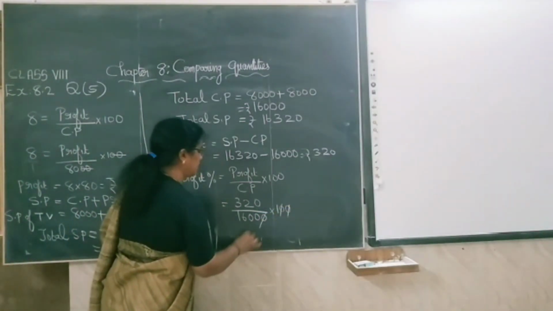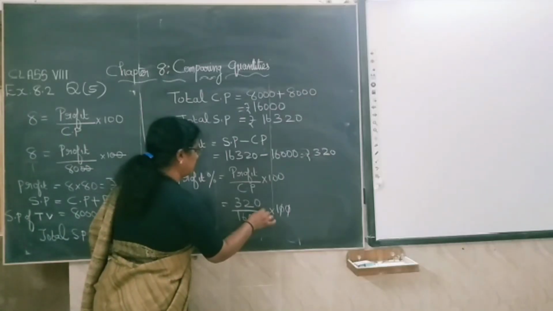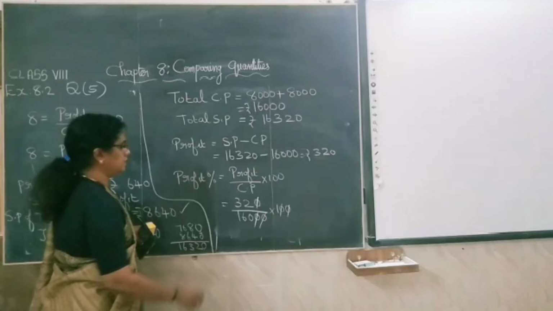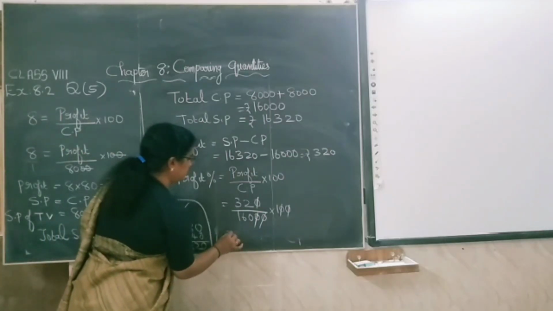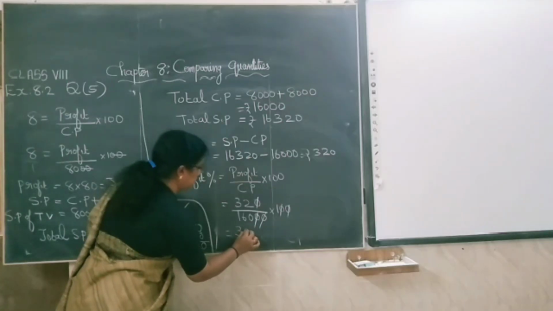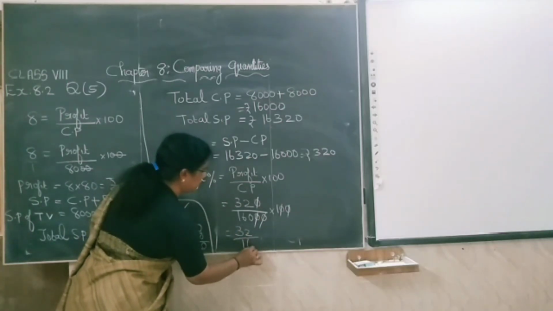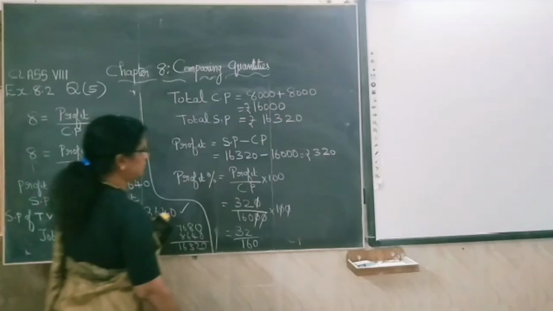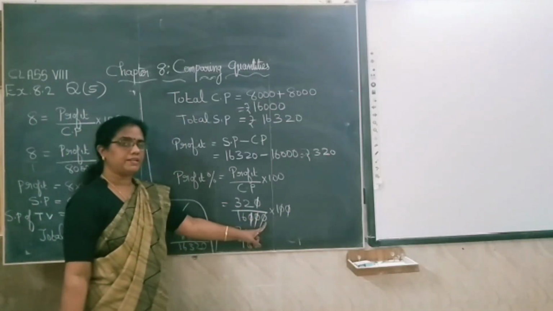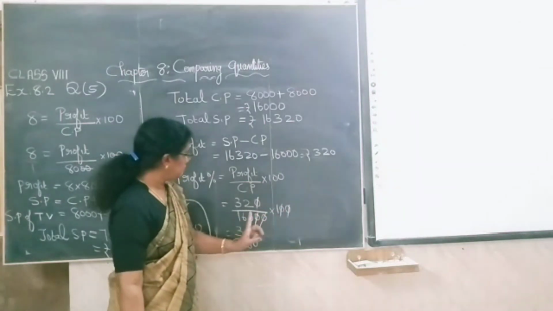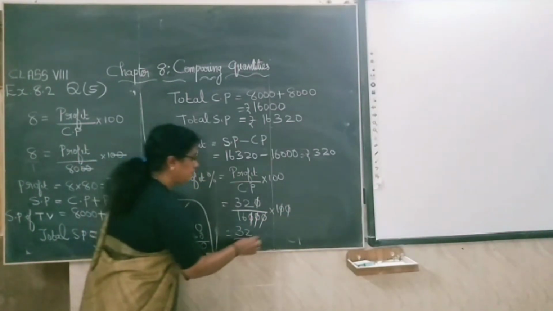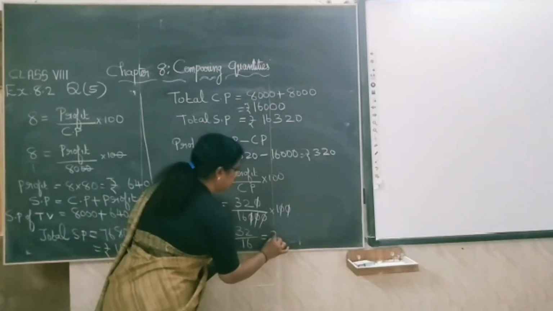These two zeros are cancelling, and here also, that is 32 by 160. Sorry, one more zero will cancel. Here 3 zeros are in the denominator and 3 zeros are in the numerator. Therefore this becomes 32 by 16, that is equal to 2.